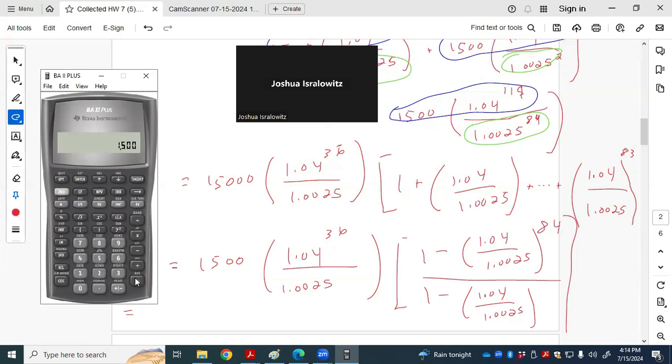Let's multiply by 1500, divide by 1.0025 times 1.04 to the 36. 3,424,836.26. I'm not going to write it down, there's no point because it's right here. But yeah, 3,424,836.26 is your answer. Right.